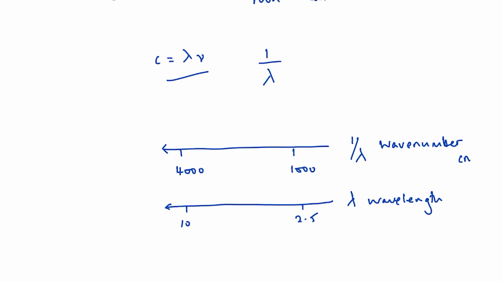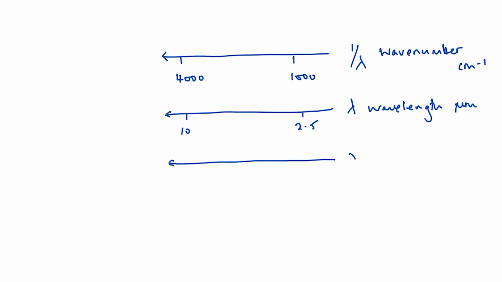So sorry, wave number is centimeters to the -1. Wavelength is micrometer. And in terms of frequency, we've got around about 10 to the 14 hertz, and that would be around about 10 to the 13. So that's how wave number relates to both wavelength and frequency.